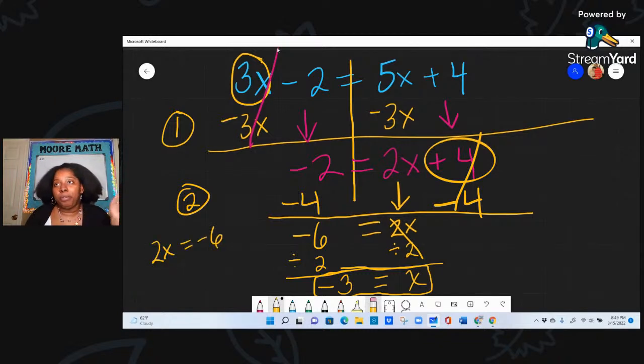Then it became super easy. 2 times something equals negative 6, so we just divided to figure out what that something was. All you have to remember is to move all the x's to one side, all the numbers to the other side, and then divide to make sure the only thing left on the x side is just x.